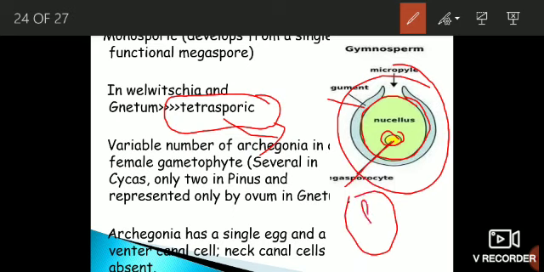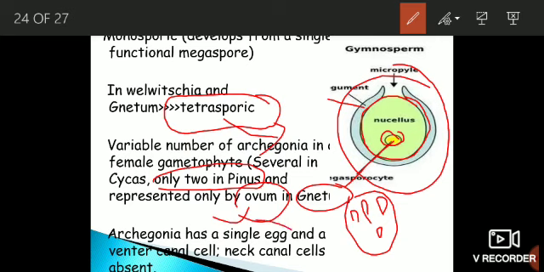You have several archegonia, okay, while in case of Pinus you have only 2 archegonia, and in case of Gnetum you are having only an ovum. The ovum represents the female sex organ, okay.